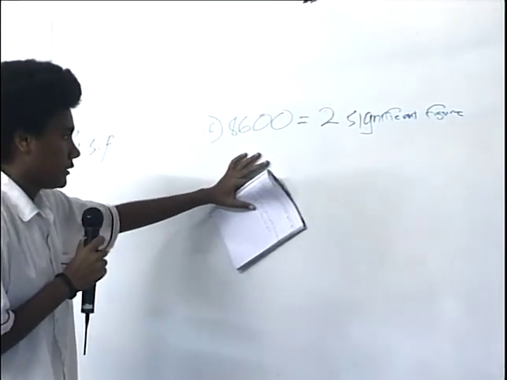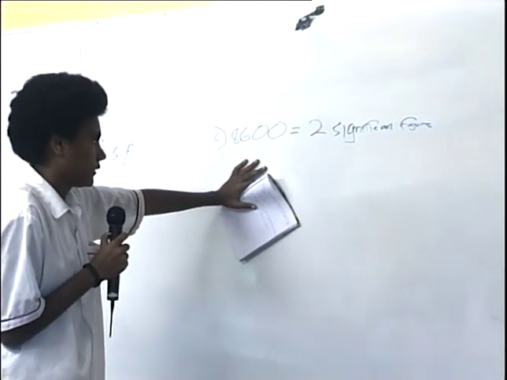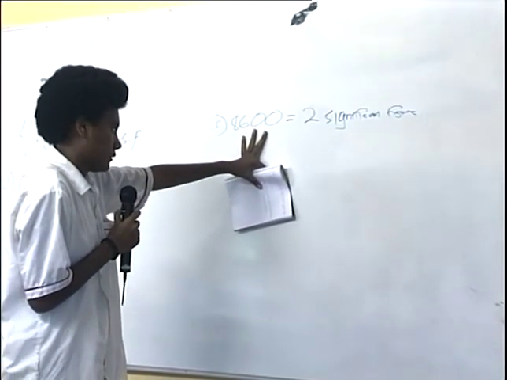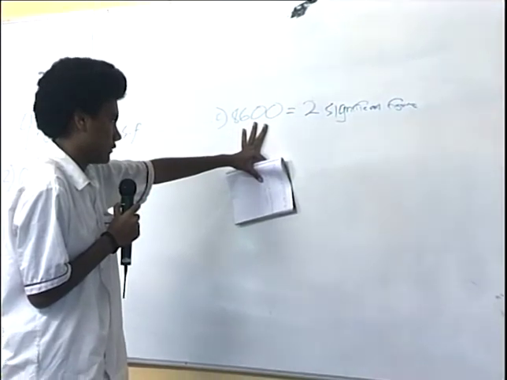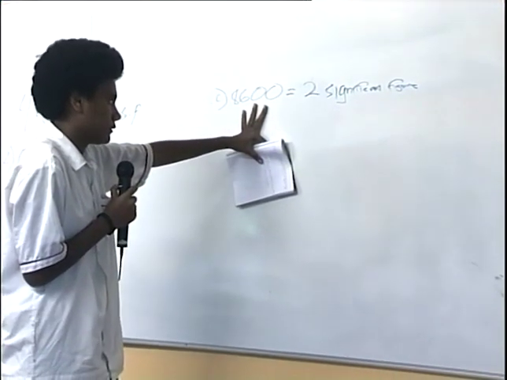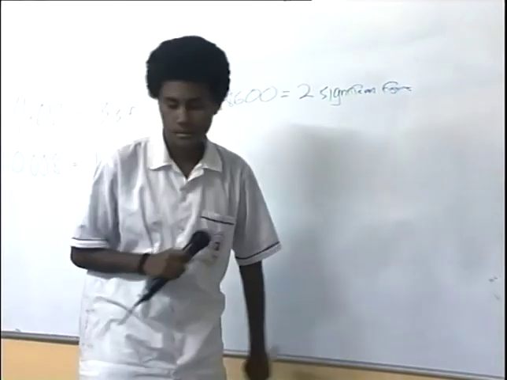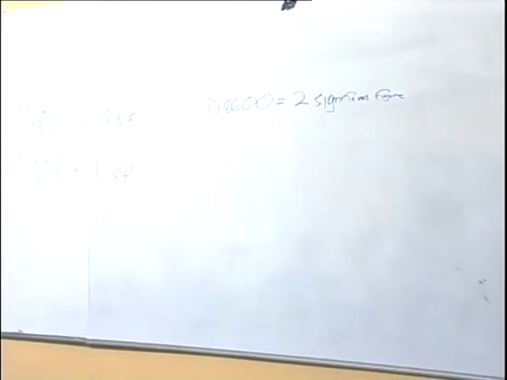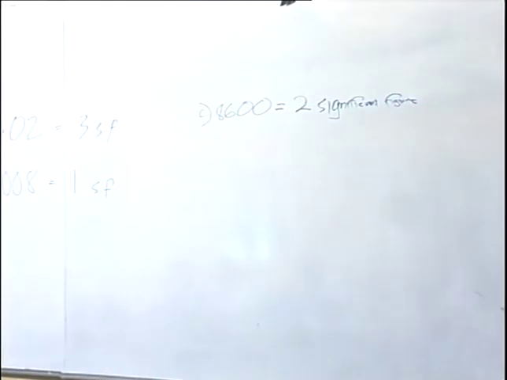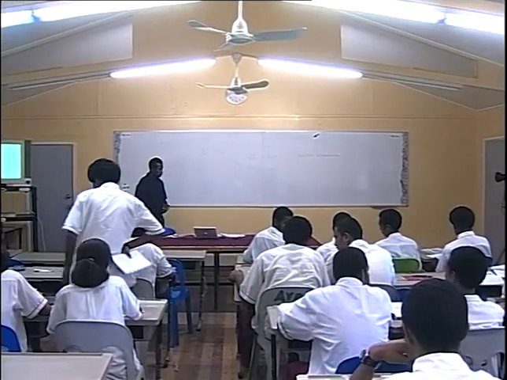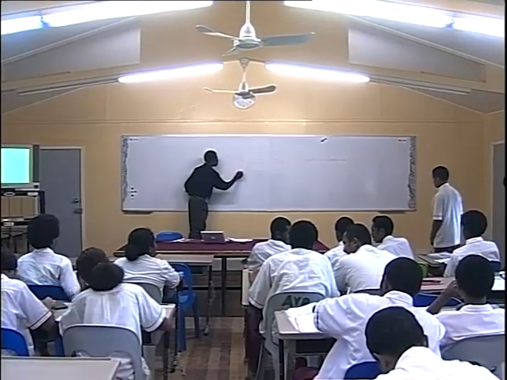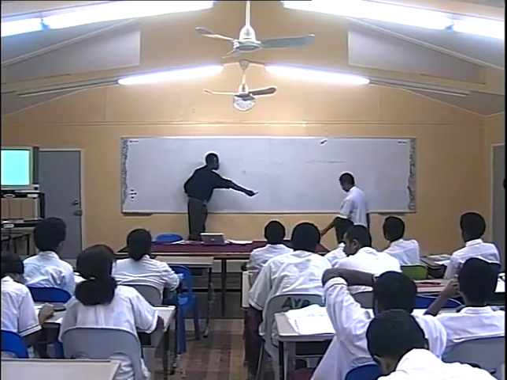8,600 has two significant figures because the zeros after a non-zero number are insignificant. Okay, last one.